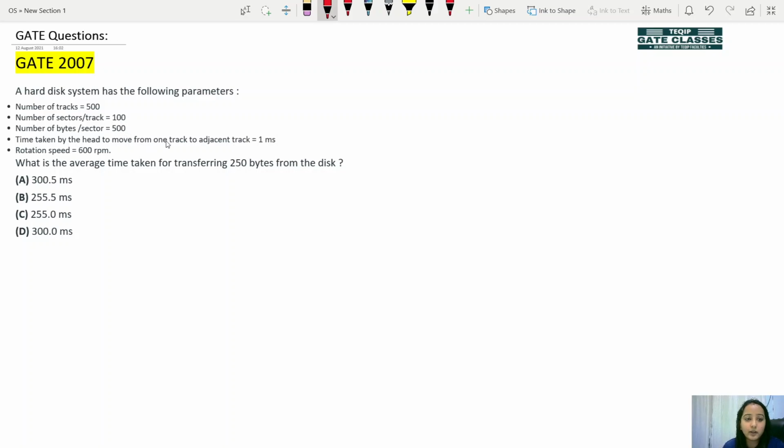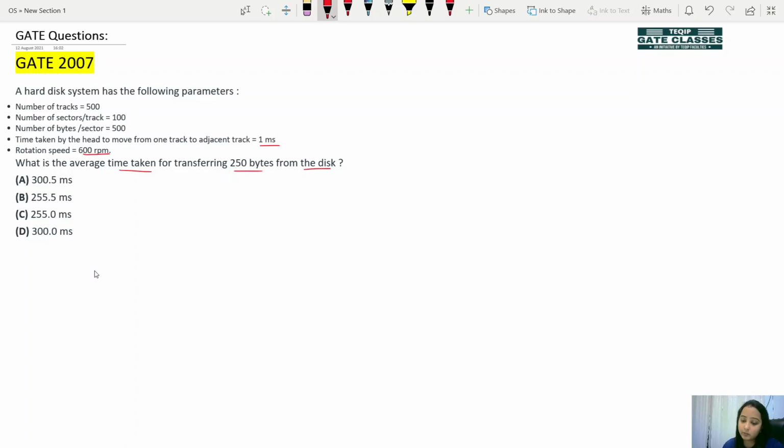The time taken by the head to move from one track to an adjacent track is 1 millisecond. Rotation speed is 600 revolutions per minute. What is the average time taken for transferring 250 bytes of data from the hard disk?